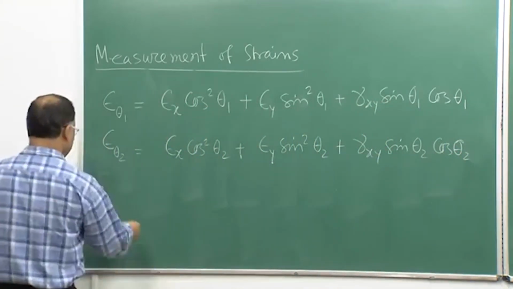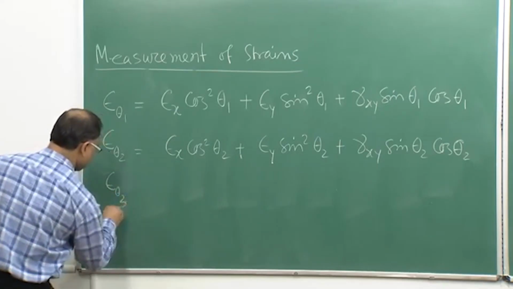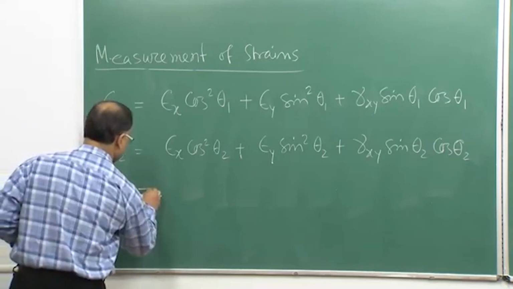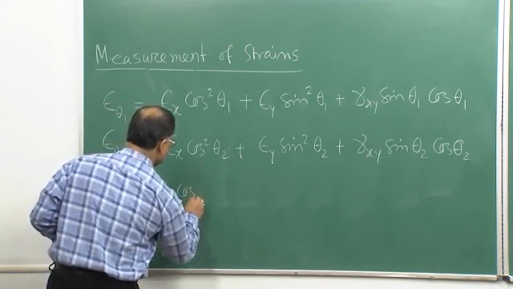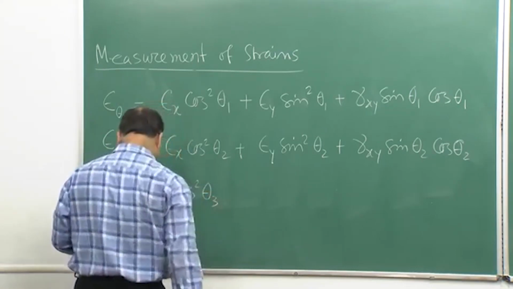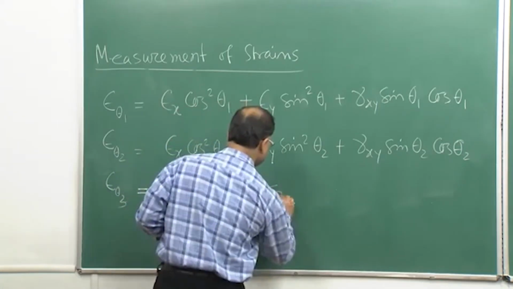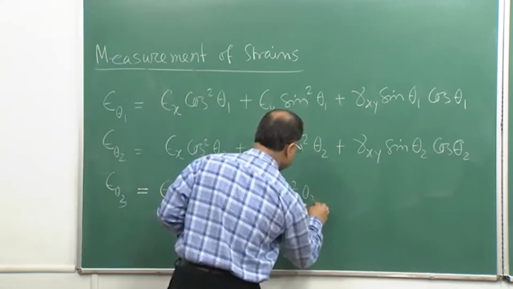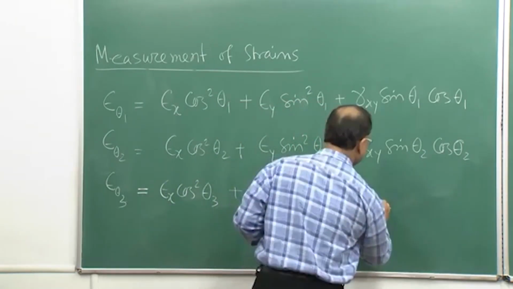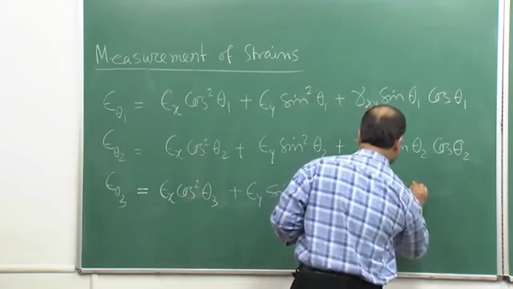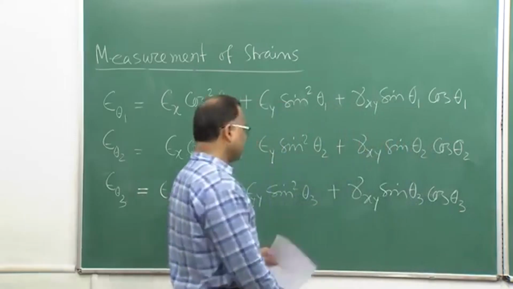And further, epsilon theta 3 is equal to epsilon x cos square theta 3 plus epsilon y sin square theta 3 plus gamma xy sin theta 3 cos theta 3.